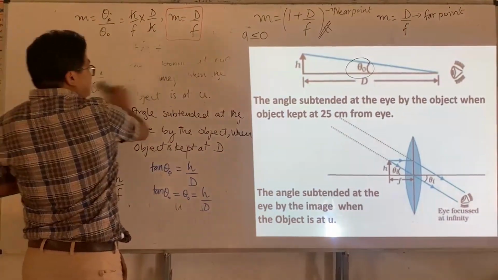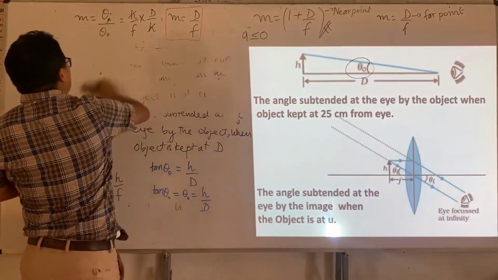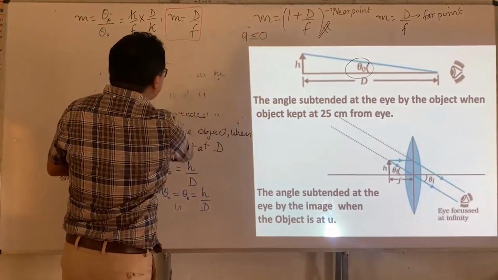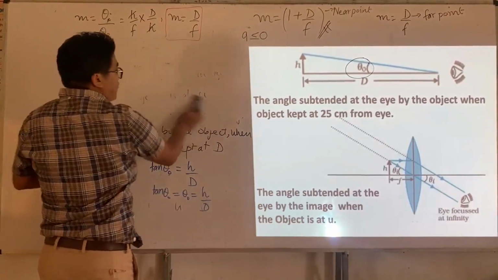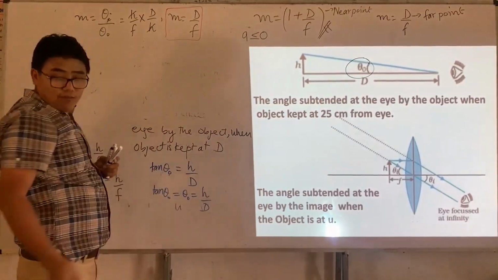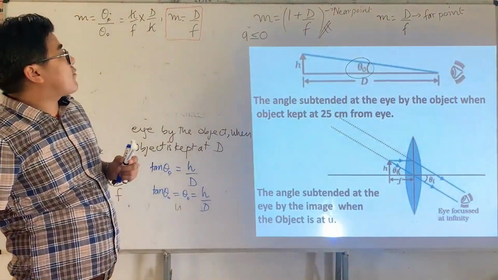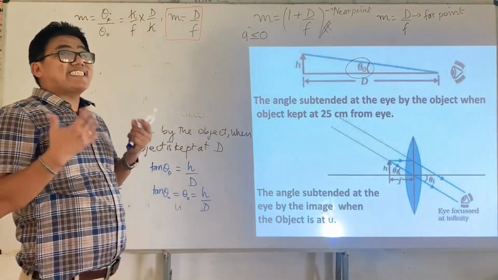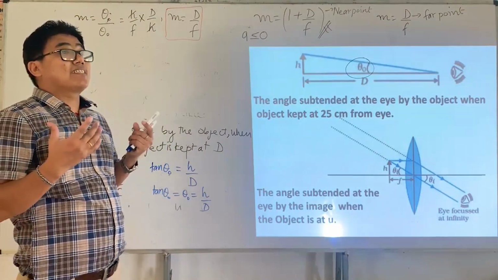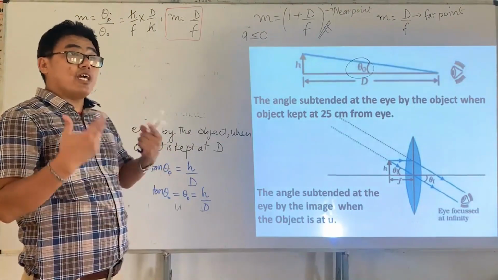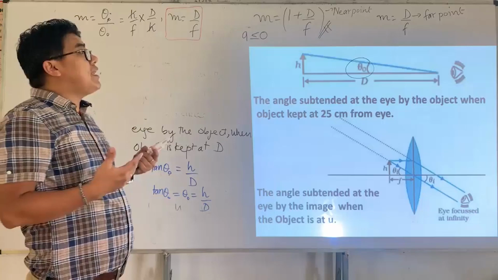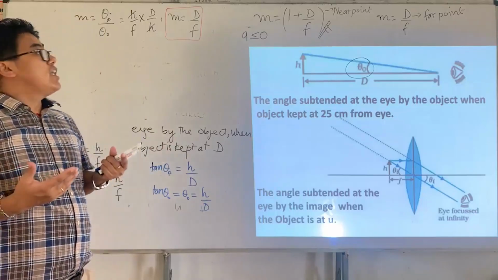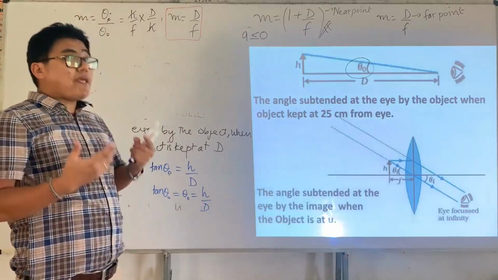Now, you would ask me, what is the difference between keeping the image at a near point and far point? If I keep the image at the near point, I get a strain on the eye, because it is close. So we normally advise keeping the image at a far point.